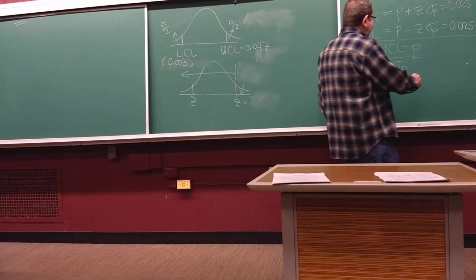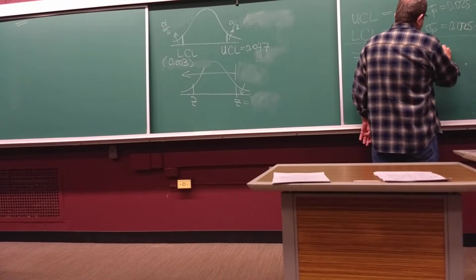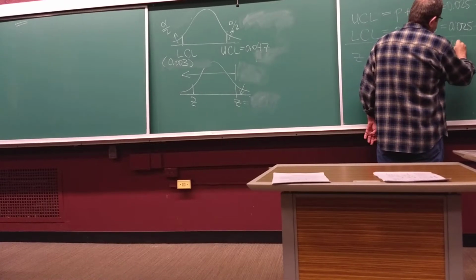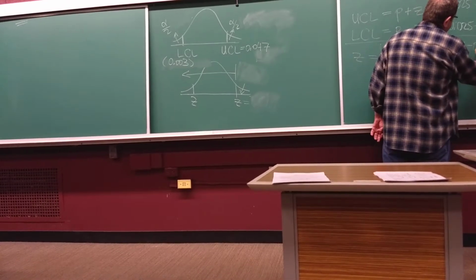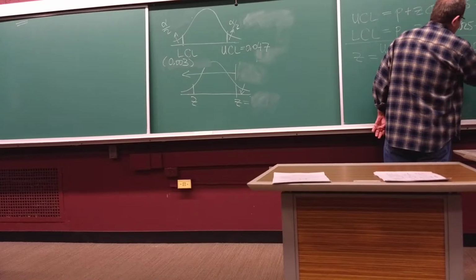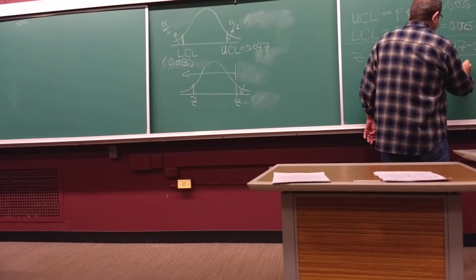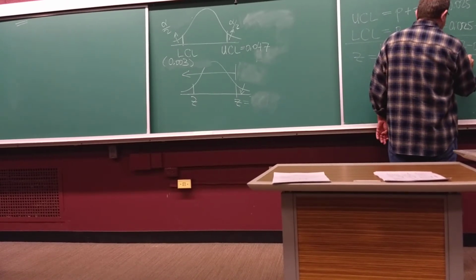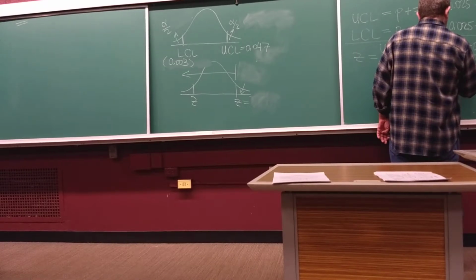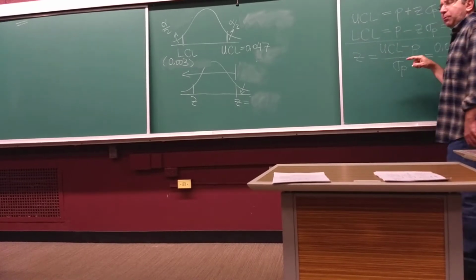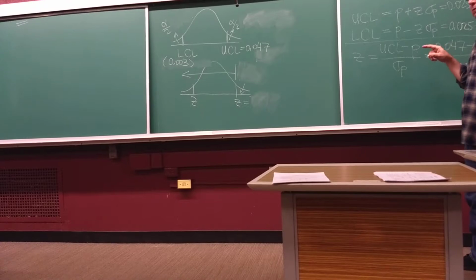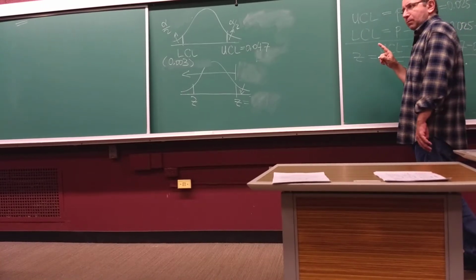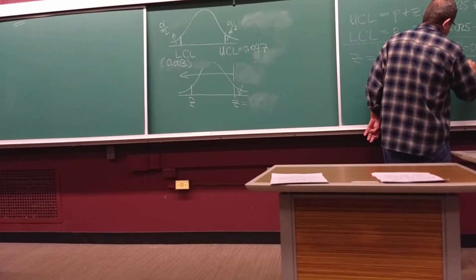So let's plug in the numbers. 0.047 minus 0.025 divided by 0.011.